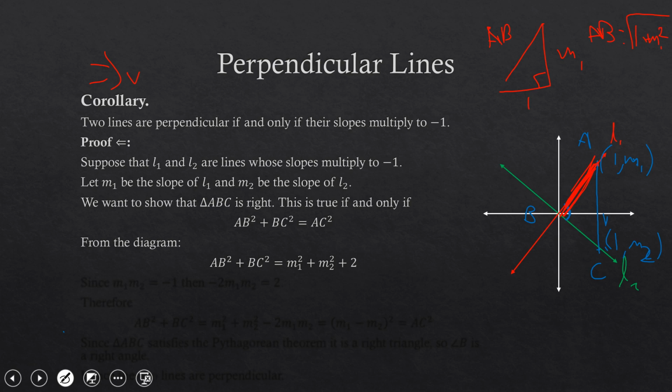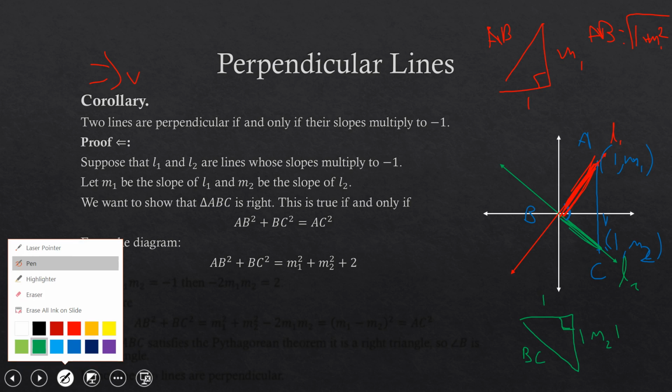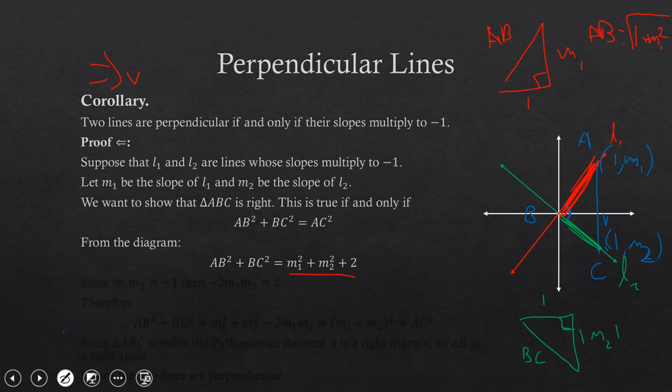And then we did the same thing for BC. We looked at this right triangle down here. This was 1. This was the absolute value of M2. And this is BC. It's a right triangle like that. And then we, again, found BC was equal to the square root of 1 plus M2 squared. And so this bit right here was just the same thing as what we did earlier.